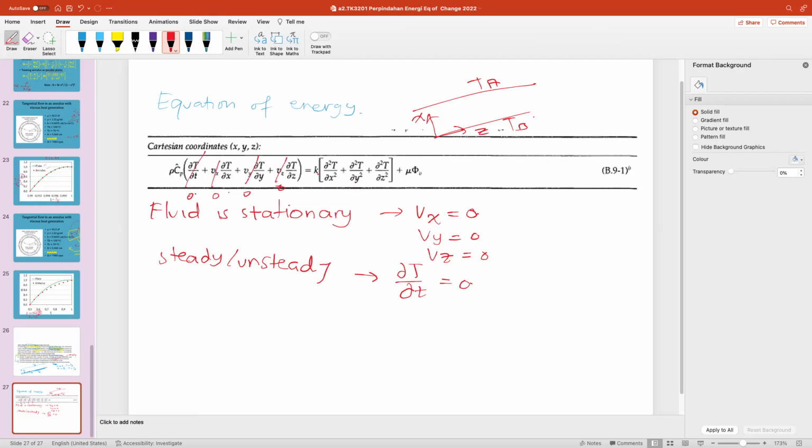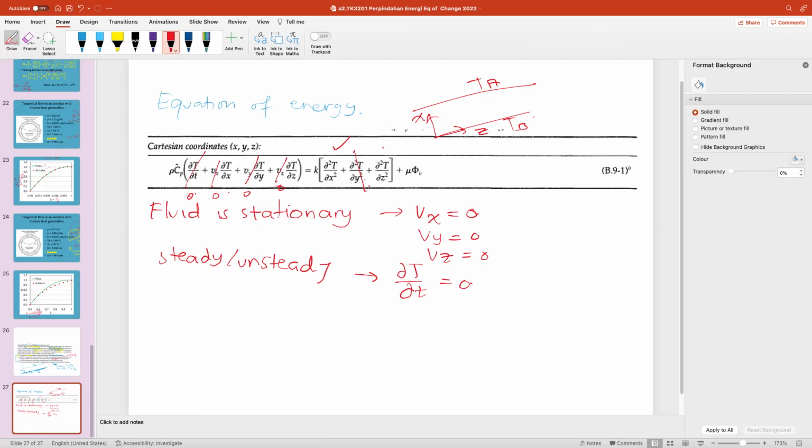And then this is equal to k times d squared T over dx squared. Do we have a changing temperature in the x direction? Yes, we have. Good. Do we have a changing temperature in the y direction? No. In the z direction?